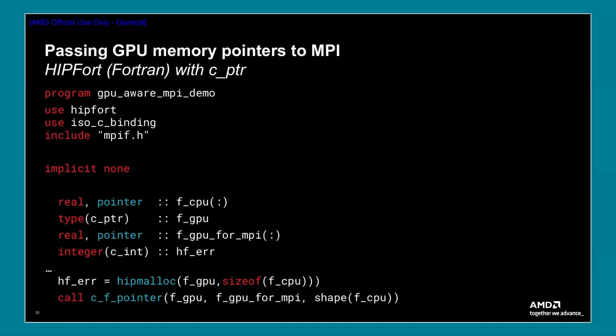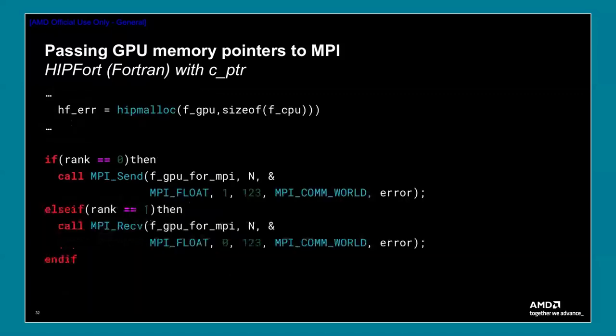ISO C binding provides this function, a subroutine called c_f_pointer. What that does for us is return a Fortran pointer for the same C pointer. It points to the same spot in memory, but it adds the additional things you need for a Fortran pointer. Now that FGPU for MPI is that Fortran pointer, and that is the thing that ends up going through to the MPI send and receive.